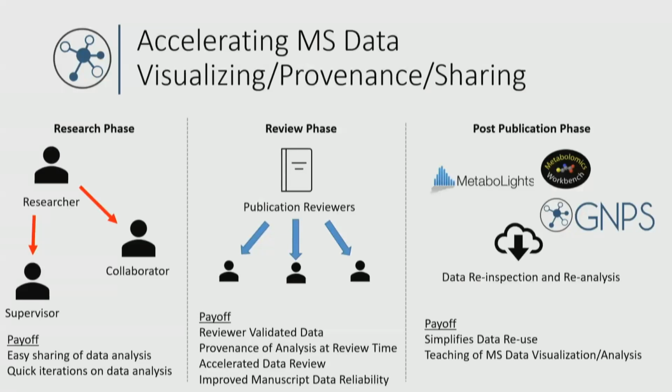The big payoff is you get more bites of the apple and iterate on the data analysis to be more confident and make new discoveries faster. And the second phase is the review phase, when you are publishing and getting journal reviews, making it easy for reviewers to validate your data and reconfirm your results.